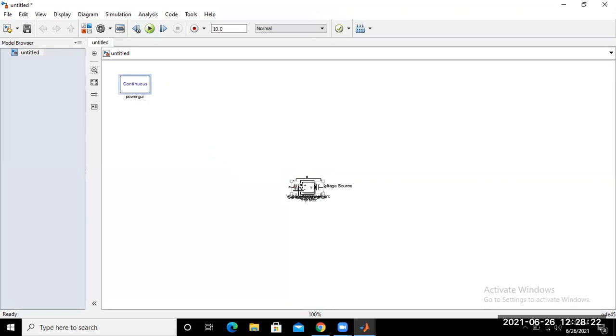Next is your voltmeter. Take this voltmeter here. This is your scope. Take it along this side, next this one is your load, and next is your thyristor.